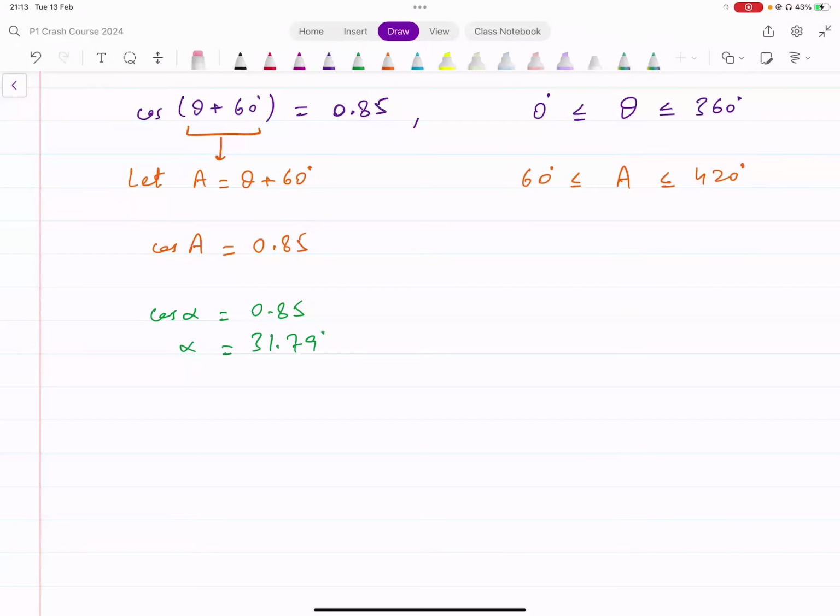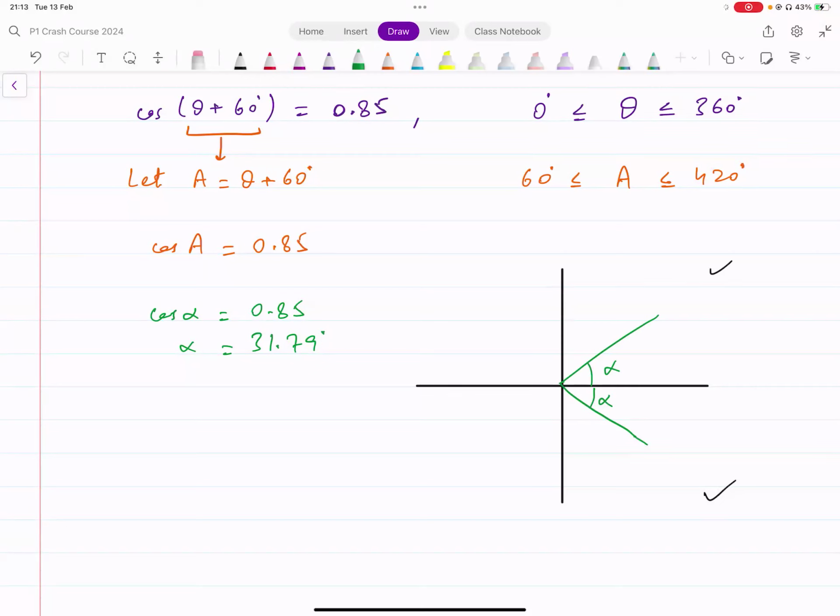Now, let's make quadrants. Cos is supposed to be positive. Where is cos positive? Cos is positive in the first quadrant or in the fourth quadrant, ASTC, either the first or the fourth. That's where cos is positive. So alpha could either be here or alpha can be here. These are the two possible values of alpha.